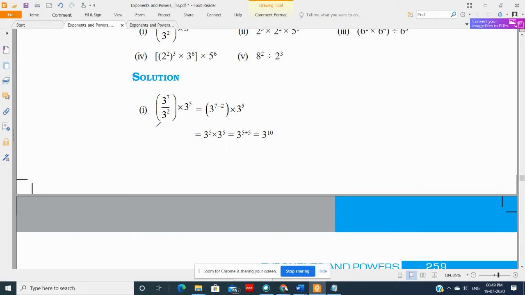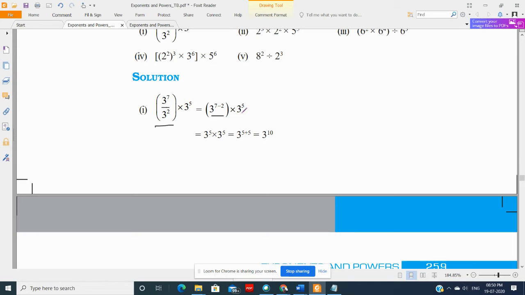So the first thing we'll do is we'll solve this. Now we can see that bases are same, and the relationship between these two is division. So whenever there is same base and division relationship, we do subtraction of powers. So that's what we are going to do here. 3 raised to 7 minus 2, multiplied by 3 raised to 5.